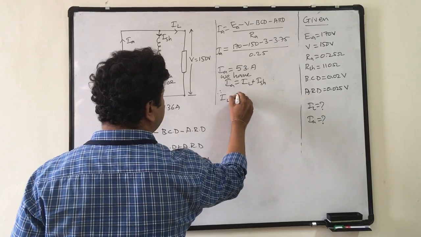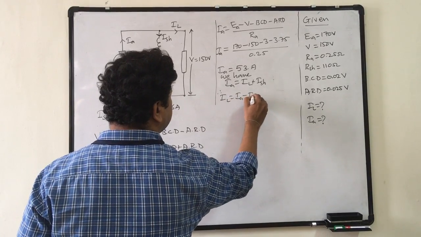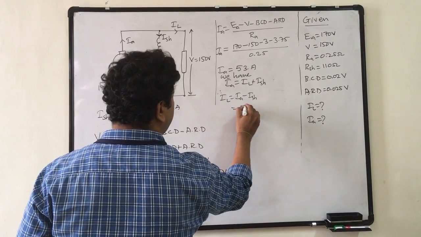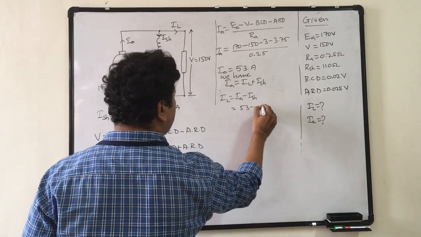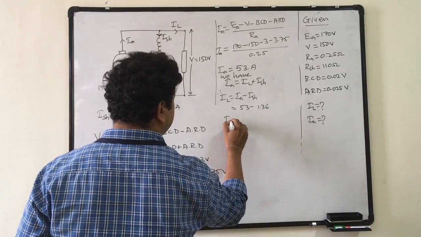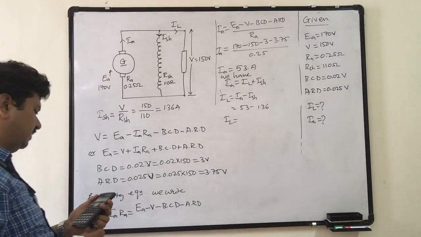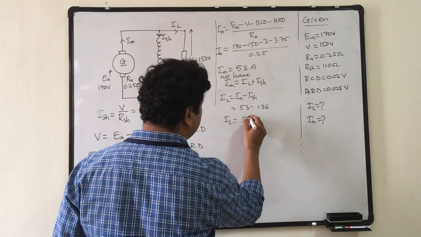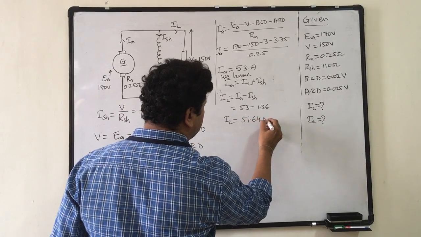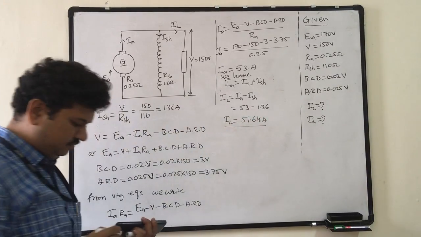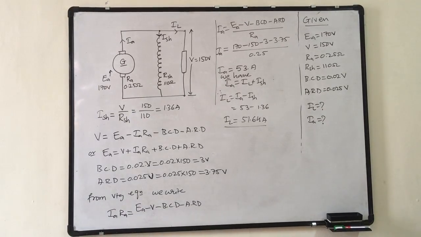Therefore, IL is equal to IA minus ISH, that is 53 minus 1.36. The load current IL is 51.64 amperes.